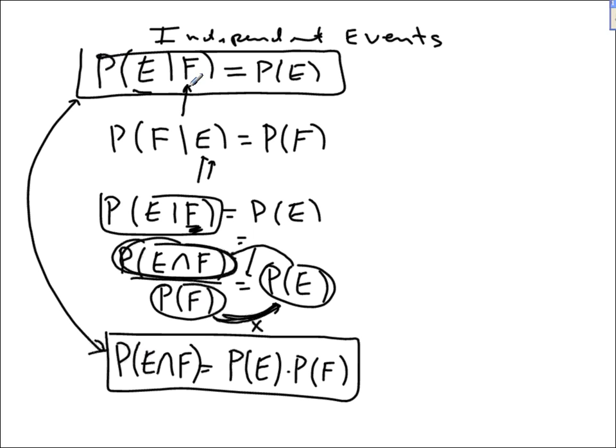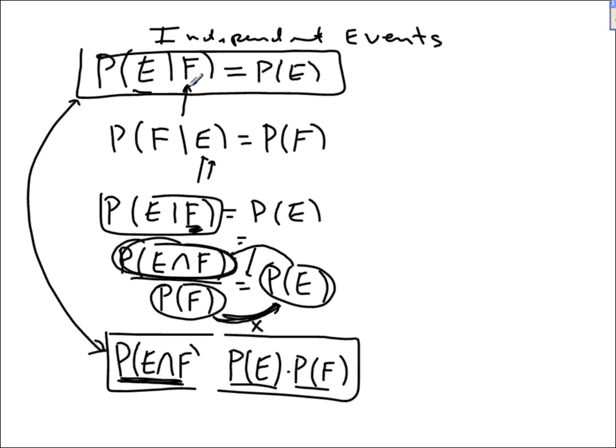E and F are independent if when you multiply P of E by P of F, you happen to get the same answer as P of E intersect F. If events are not independent, that equal sign will not be valid. If events are independent, then the equal sign will be valid.